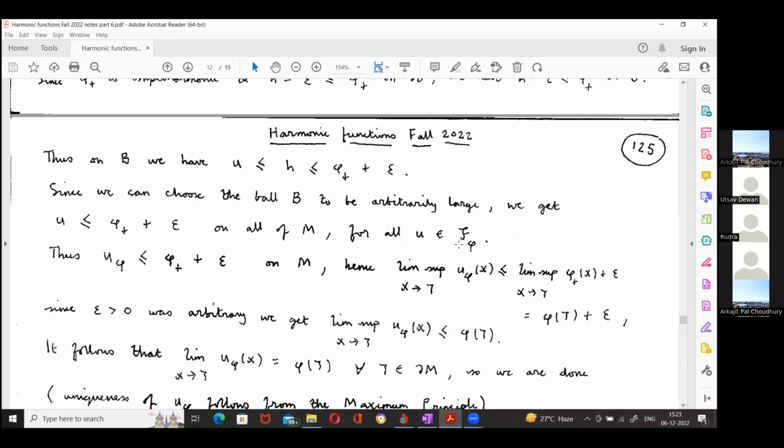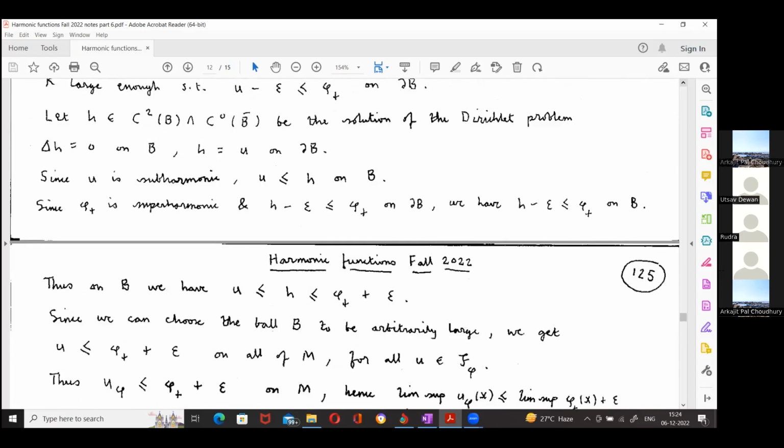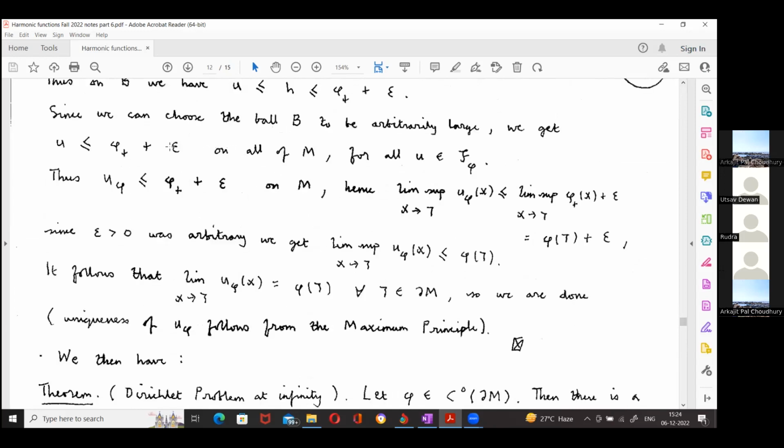Is this clear? Yes, sir. See, here this ball I was choosing as large as I want. I just chose a large enough ball. So if I take this ball larger and larger, I'll get the same inequality on larger and larger balls, and so I'll get the same inequality on all of M.